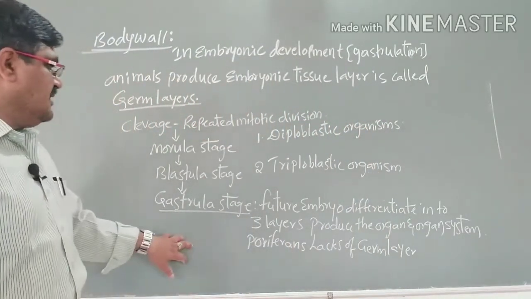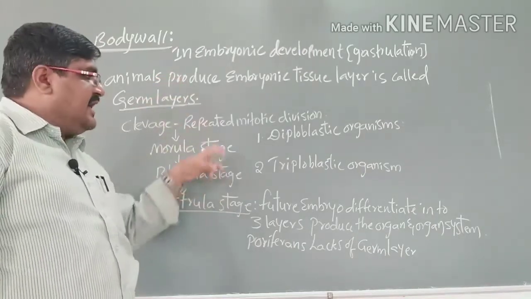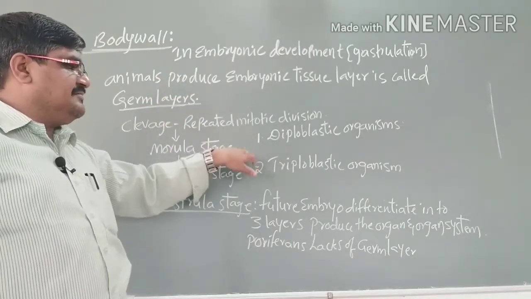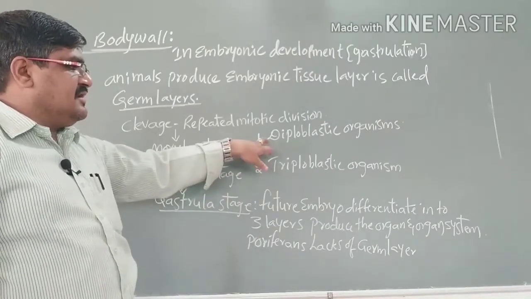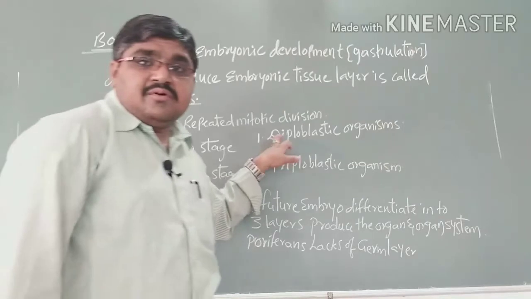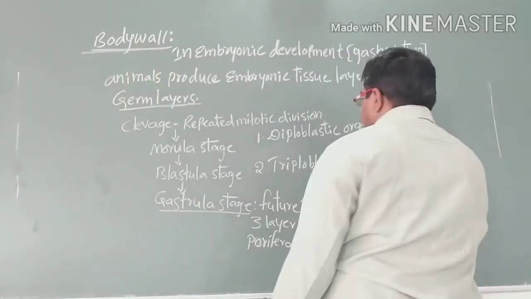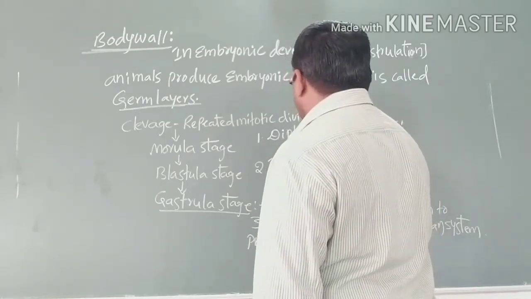Based on the germ layers, these are classified into two types: diploblastic and triploblastic. Here diploblastic means diplo is two, blastic means germ layers.